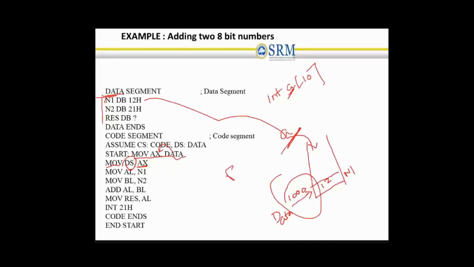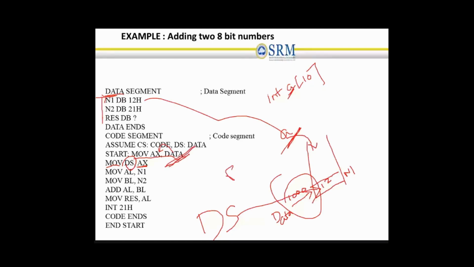The DS register will contain the starting address of the data segment. So whatever memory location is allocated for this, I am assigning this number to DS. So hereafter, my data segment register will point to 1000. Are you clear?